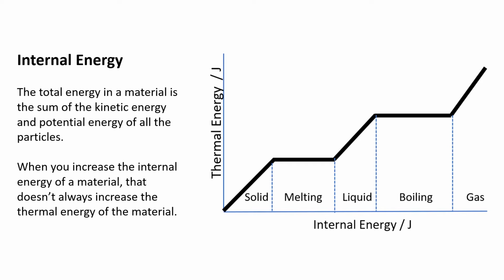Now when you increase the internal energy of a material, that doesn't always increase the thermal energy. That's because thermal energy is due to the vibration and movement of the particles. However, when something is melting, the particles don't vibrate or move faster. That energy is needed to break the bonds holding them in fixed positions.